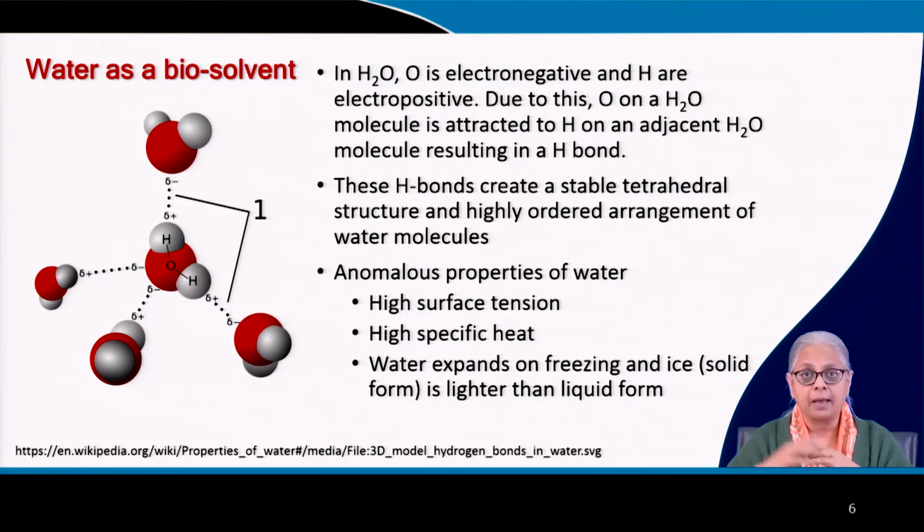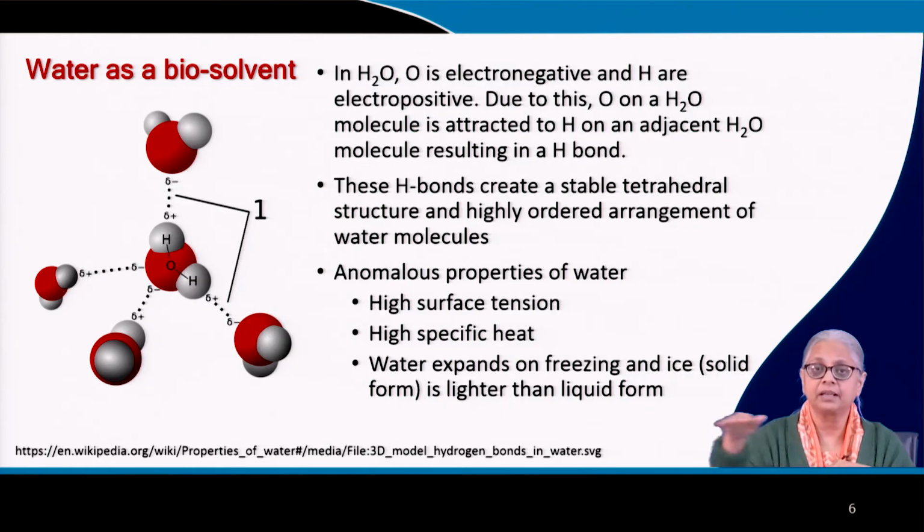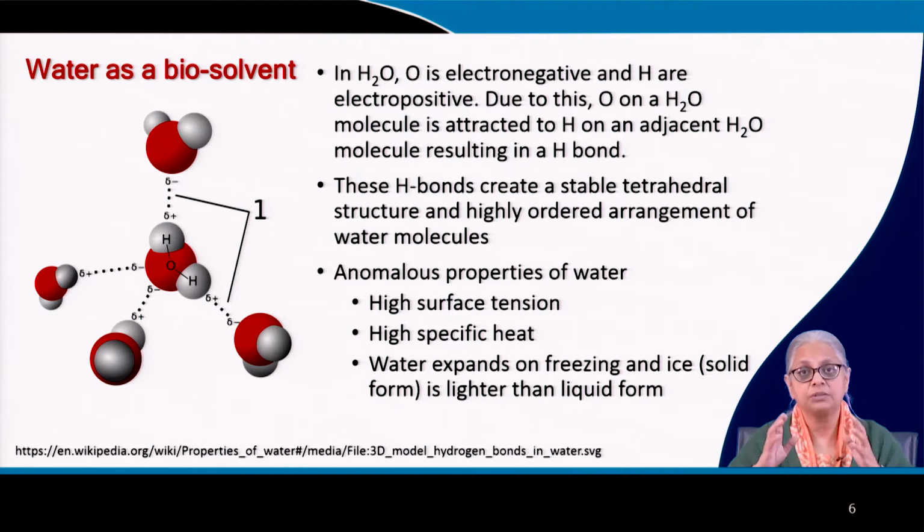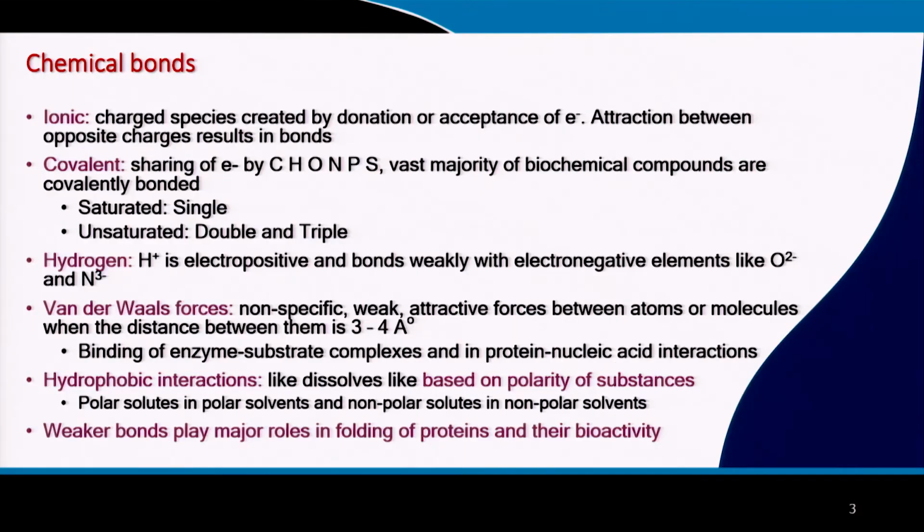When the ambient temperature is sub-zero, it's that layer of ice that forms literally an insulating blanket that allows life forms to exist below the ice. So all these things make life possible, and it's very important. It's all based on this hydrogen bonding. Okay, so that's all about hydrogen bonds.